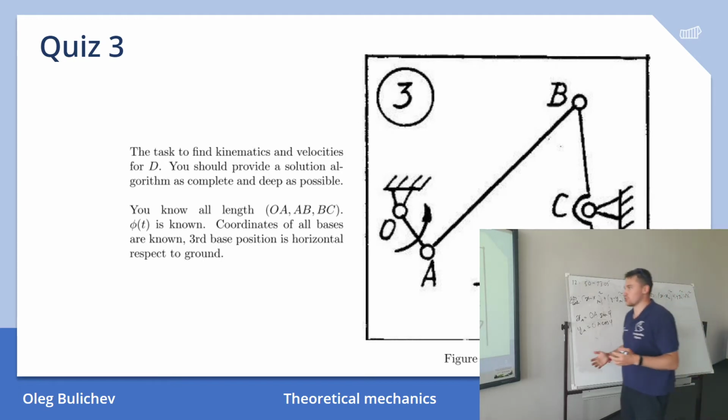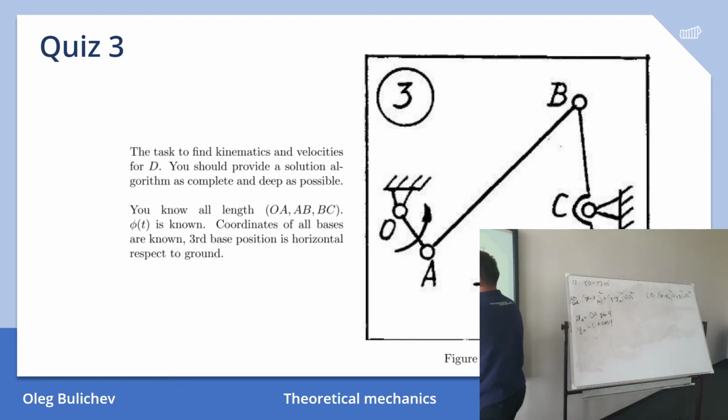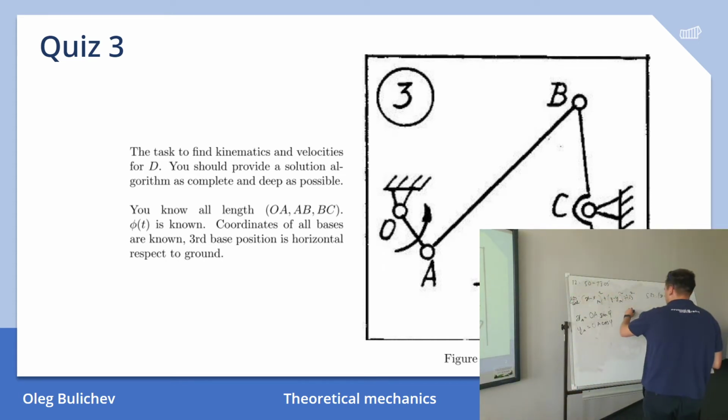Or you can find OB, because you know the B coordinate, you know OA and you know AB. I think you can find all angles using the cosine rule or sine rule. So solve the two equations, you get the second point.